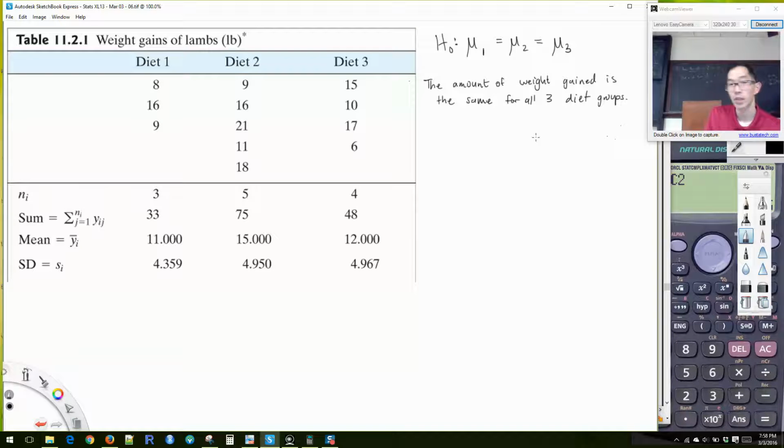Okay, and then our alternative hypothesis will be that at least one of these diets produces a different amount of weight gain.